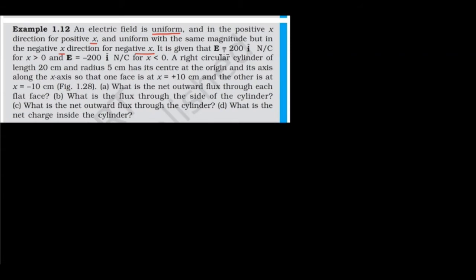It is given that E equal to 200 i cap Newton per coulomb for x greater than 0. Means if x is positive, then electric field is 200 i cap Newton per coulomb, and E is equal to minus 200 i cap Newton per coulomb for x less than 0. Means if x is negative, then electric field will be given by E equal to minus 200 i cap Newton per coulomb.